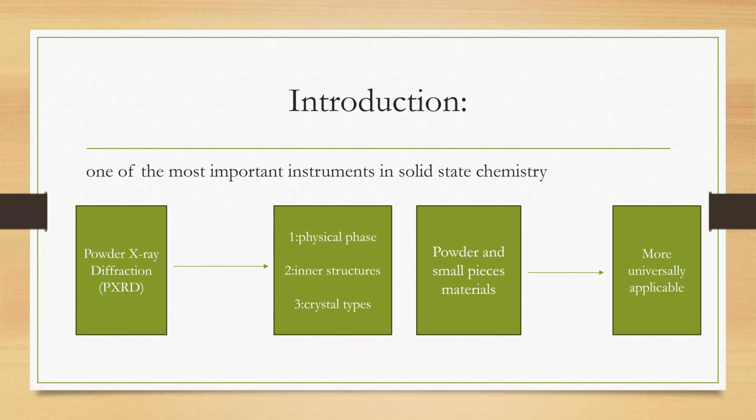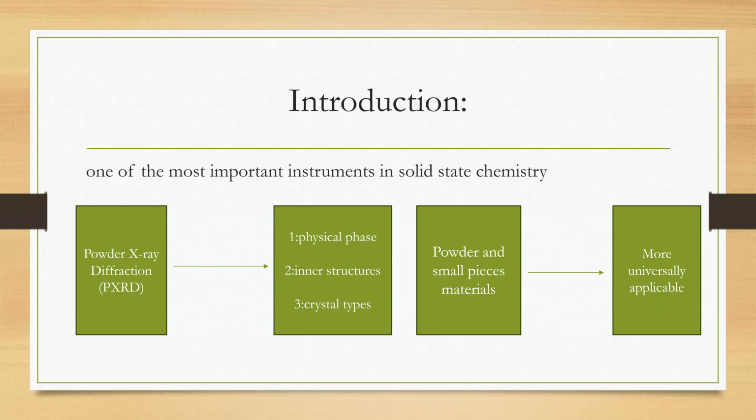So for example, the physical phase: is it crystalline, amorphous, or a mixture? For the inner structure, powder XRD can tell us about lattice parameters, crystal symmetry, and some other information. And for the crystal type, we can distinguish different polymorphs, confirm component identities, and detect impurities.